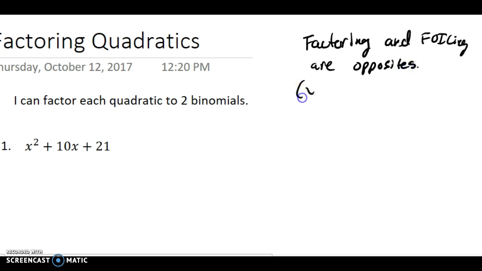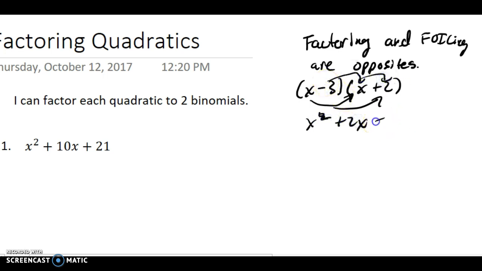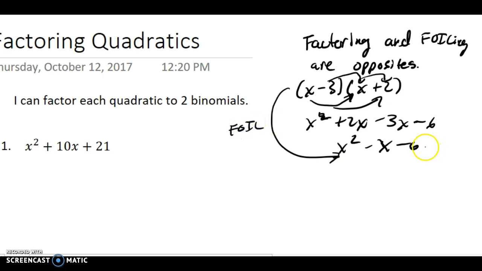Meaning that if we had something we could FOIL, which we talked about before, and we FOIL it, and then we get our answer, so I'm just FOILing here. Okay, so foiling does this. So this is FOIL. And so factoring will go back to the beginning.